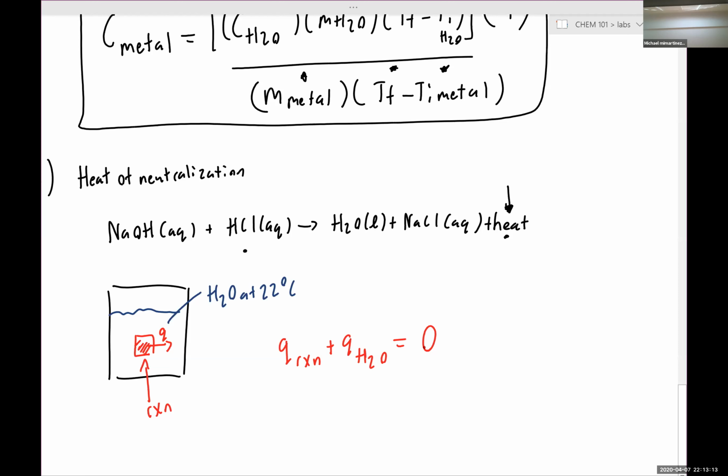Does this equation make sense to everyone? The only thing that's new from our heat exchange equation is that instead of using the heat gained or lost by a metal block, we're using the heat gained or lost by our reaction.